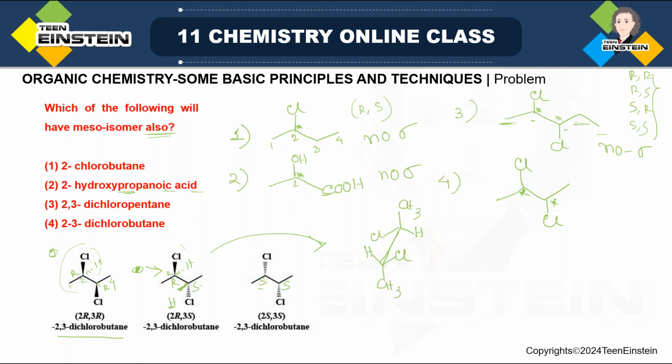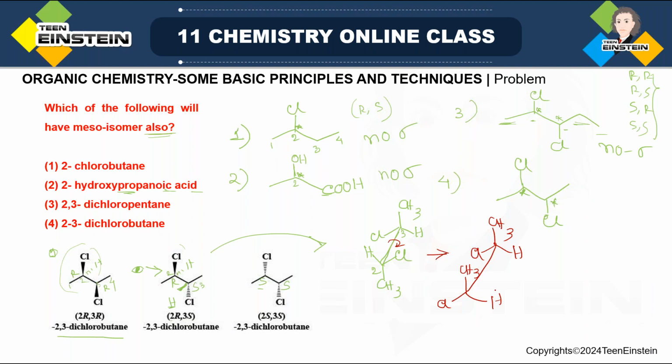Let me put numbers. This is 2, this is 3. You are looking at the molecule from the side of 2. Now if I rotate the molecule, what will happen? I am not disturbing the rear carbon. Now you can find the sigma plane easily.